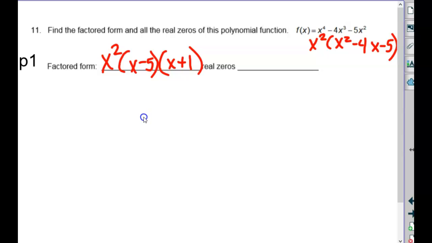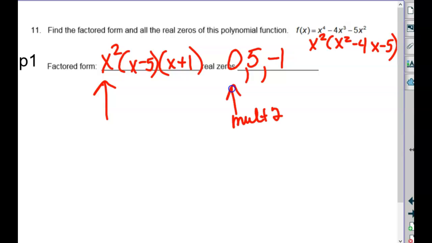So where are those zeros? That it? Yeah, this means there's one at 0. What would the graph do there? It would bounce, but okay. So it didn't ask for multiplicity, but that one is a multiplicity too.